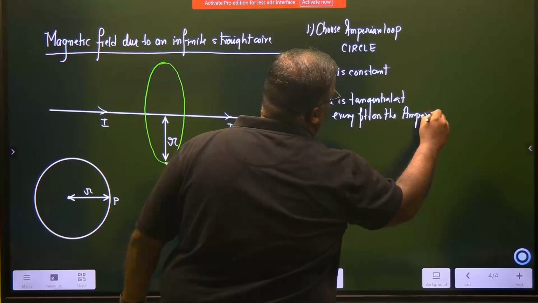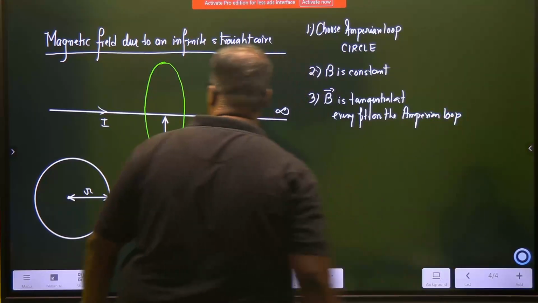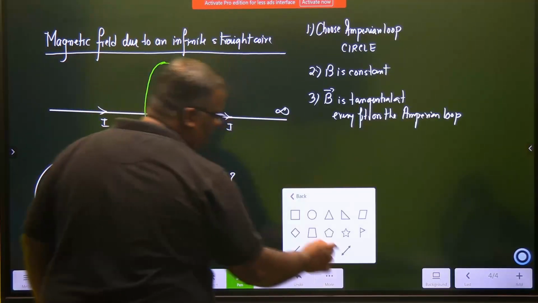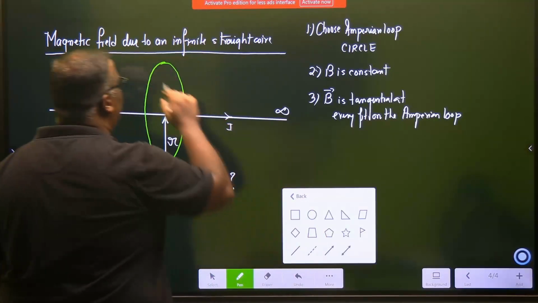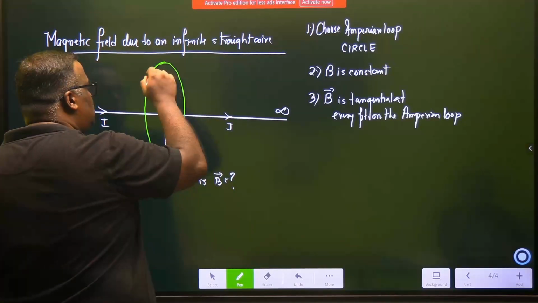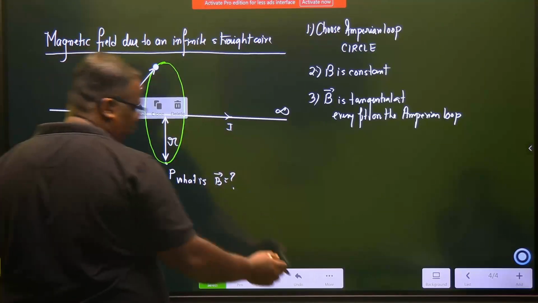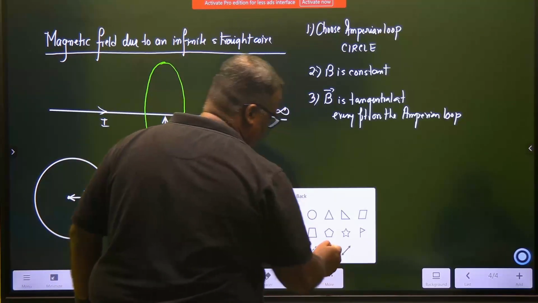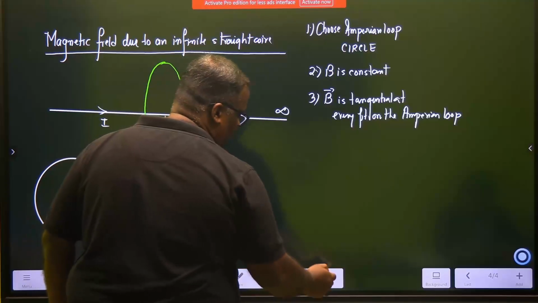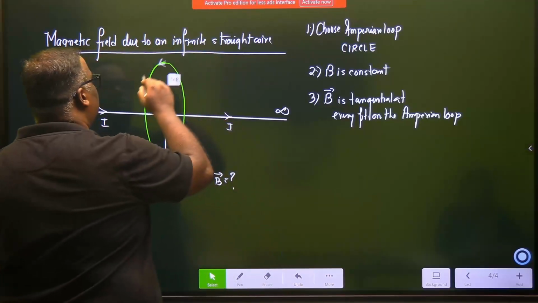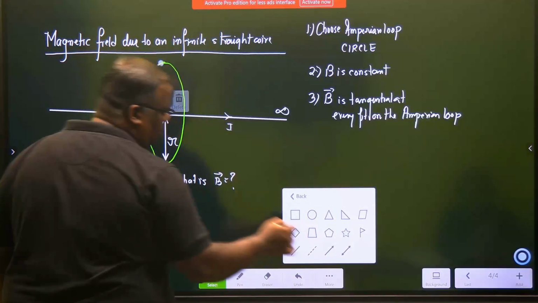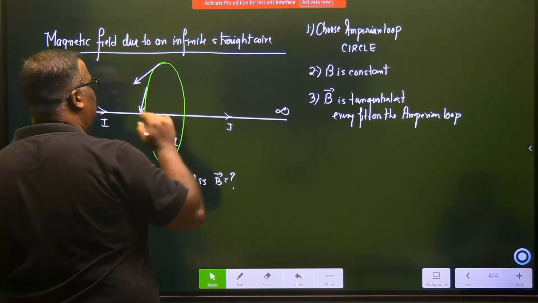Let us understand what we mean by this. Suppose you want to find out the magnetic field here. This is the Amperian loop. On this loop, you want to find out the magnetic field. This is the magnetic field. Then say on the next one, the magnetic field will be tangential.